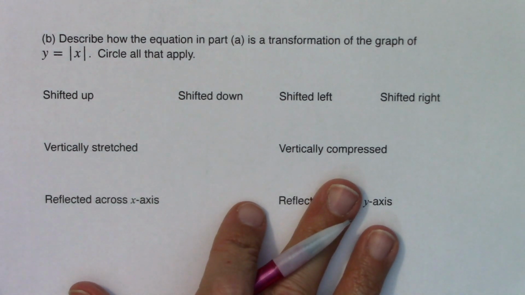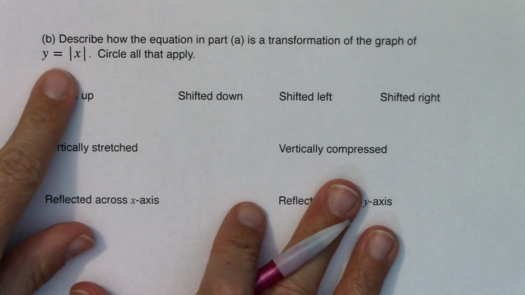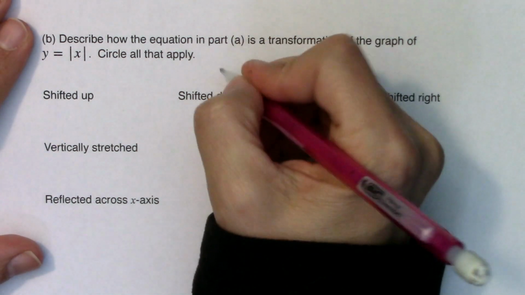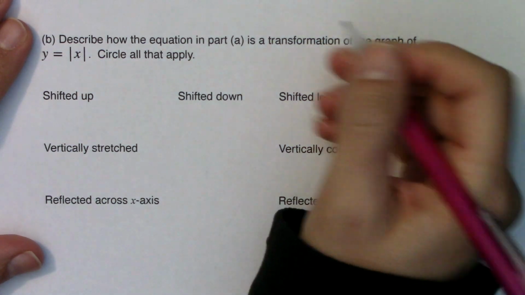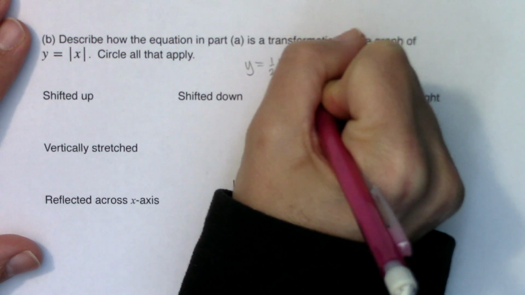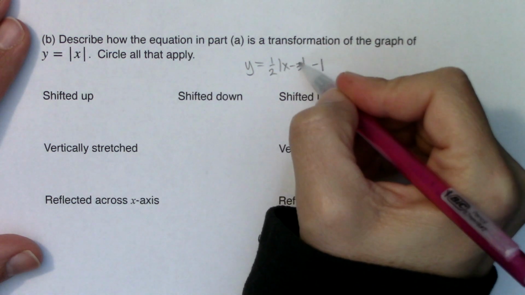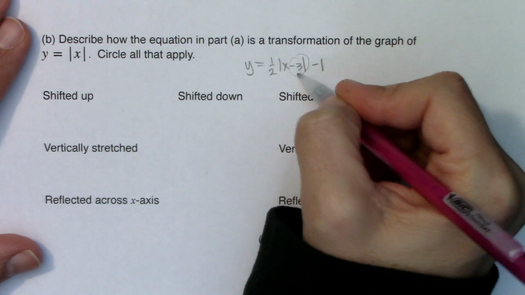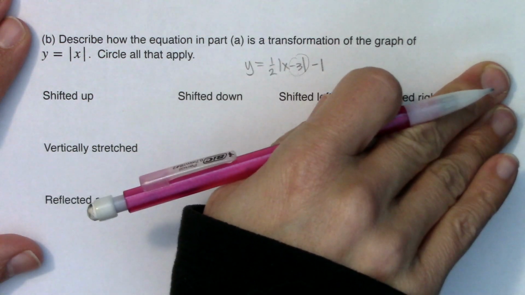All right. So describe how the equation in part A is transformed from y equaling the absolute value of x. So just so that we can see it in the same view screen, this was my function in part A. So let's talk about this. All right, the -3. That's going to shift my vertex 3 units to the right.